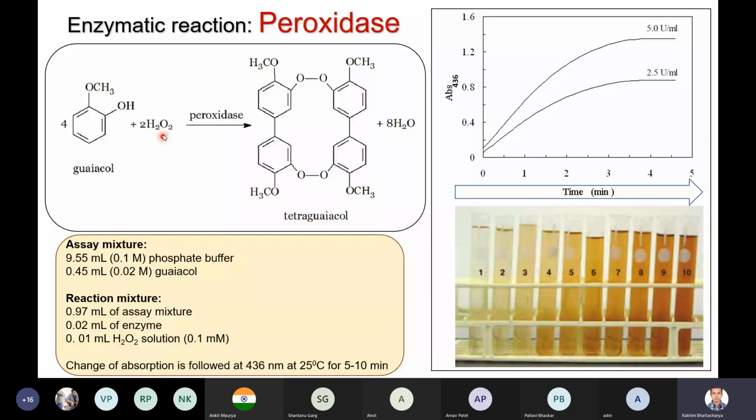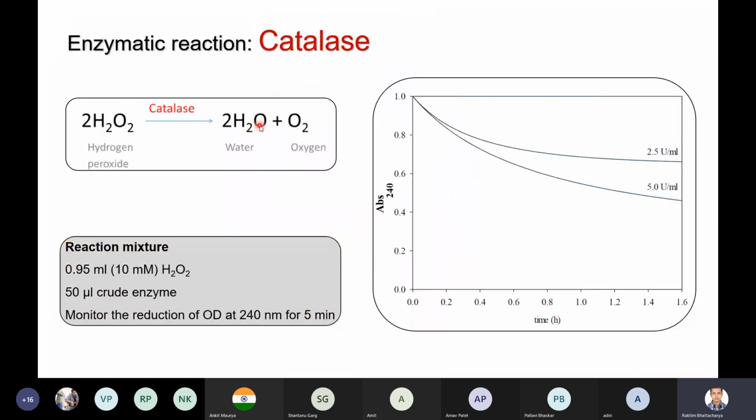This hydrogen peroxide breakage is very important in the plant system. Hydrogen peroxide, after using catalase, will give rise to oxygen.